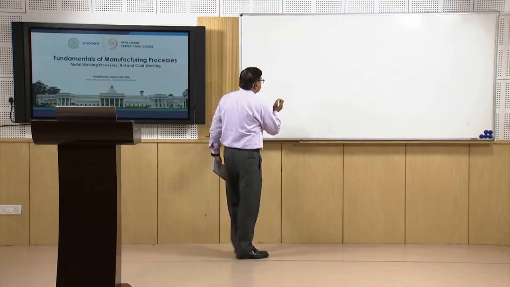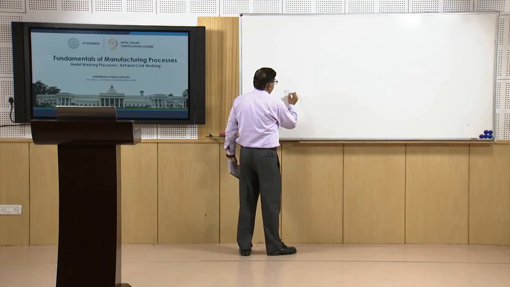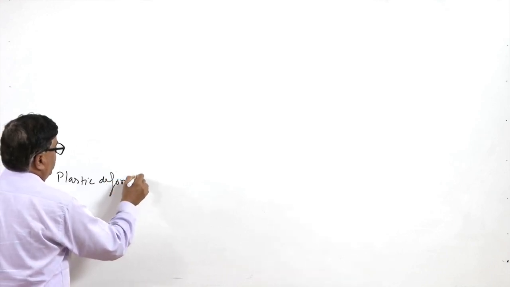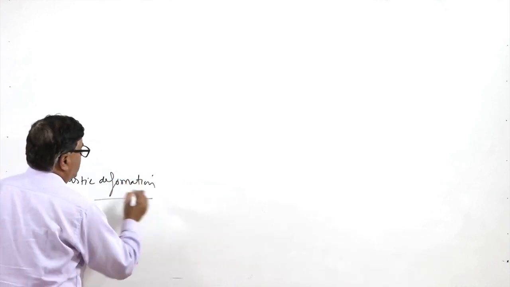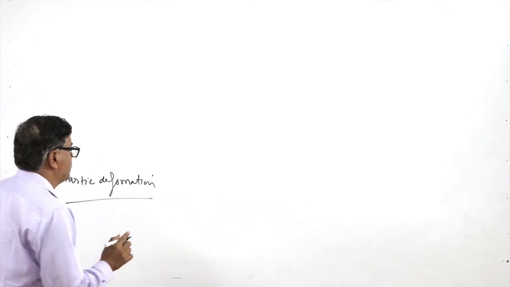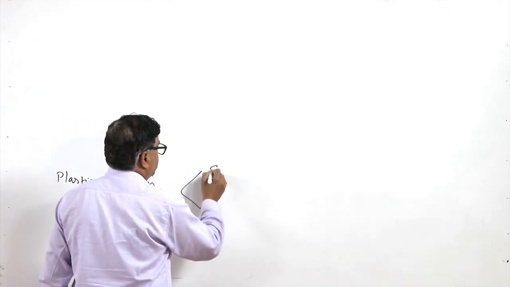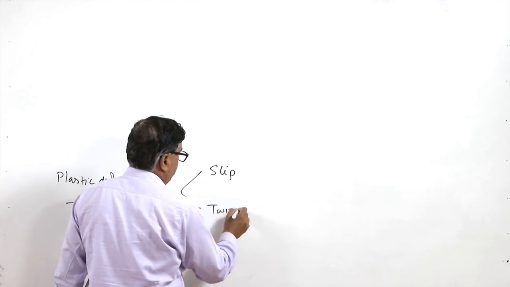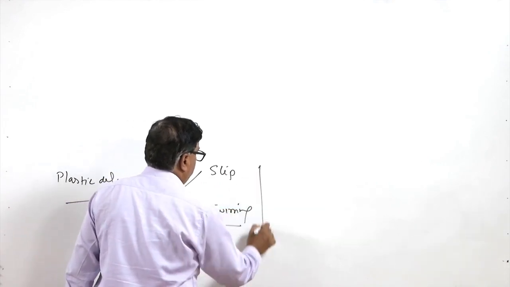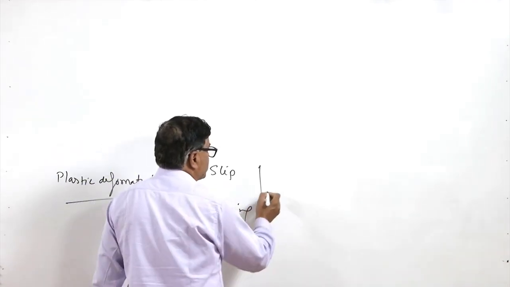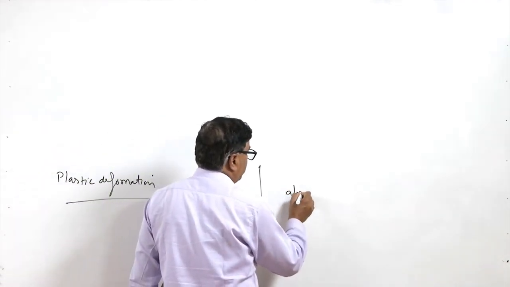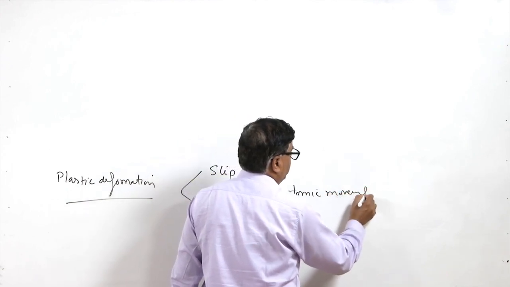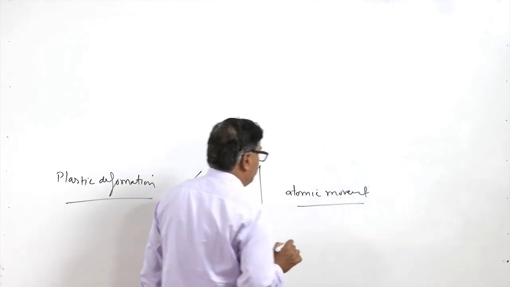Now, microscopically the plastic deformation is achieved through two mechanisms. These are called slip and twinning. These are based on atomic movement under the application of external forces.